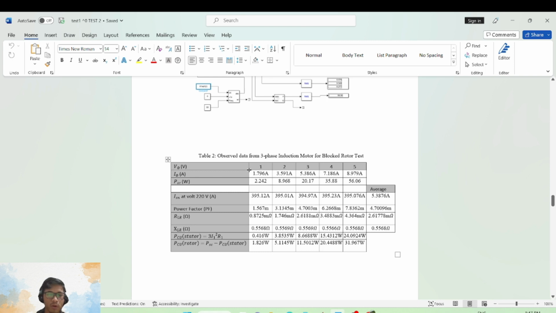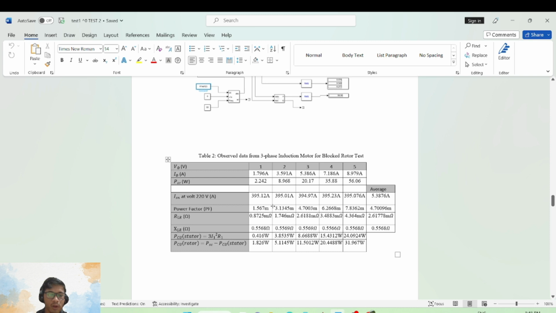For 1 volt, the current we get is 1.796 ampere, the PSC is 2.242, and the ISN at 220 volt is 395.12 ampere.